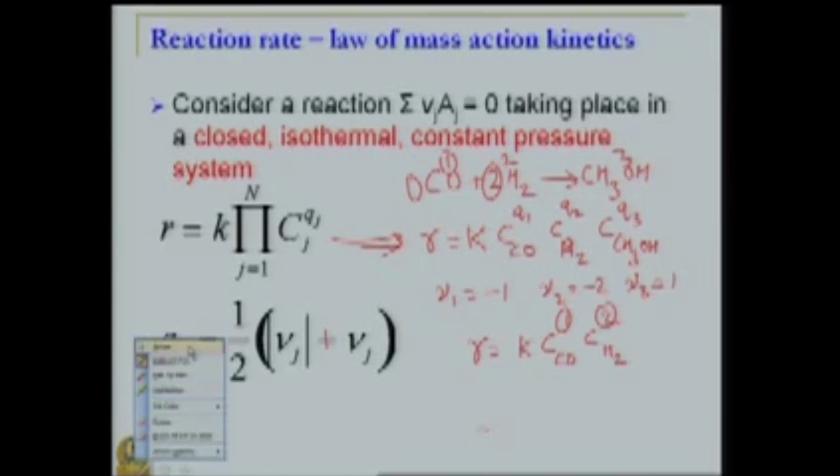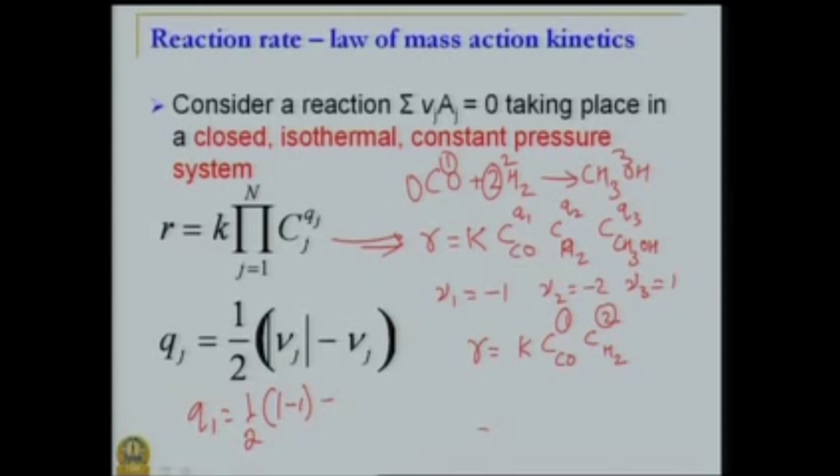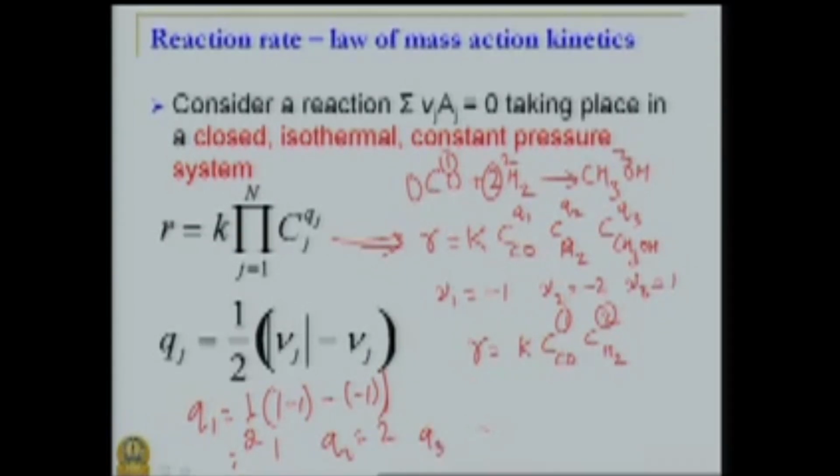I think I should stand corrected, what I had written earlier was the right one. That is Q1 is half of mod minus 1 minus minus 1. So, that is 1. Similarly, we will get Q2 as 2 and Q3, that is any product term, will have no influence on the rate of reaction. So, this is our law of mass action kinetics.